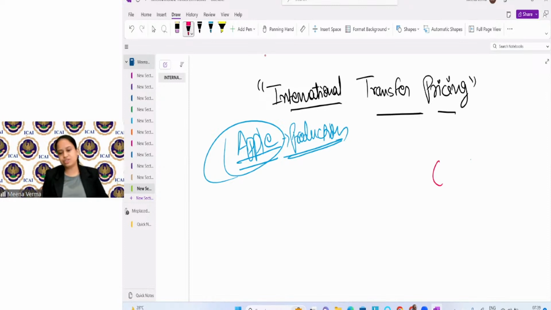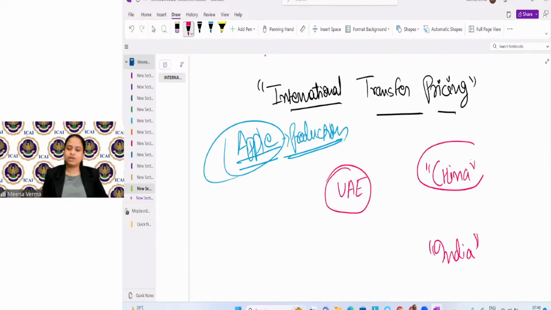They produce their goods in China. I hope you know that. It was very popular during COVID. They produce goods in some other country, let's say UAE. I'm just taking an example. Let's say they have a production unit in India, I don't know whether they actually do.